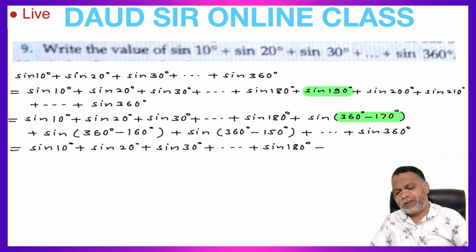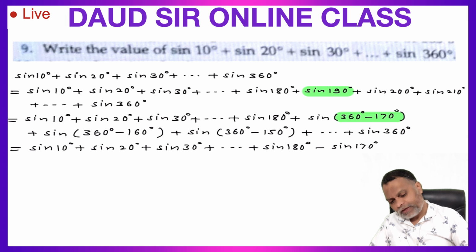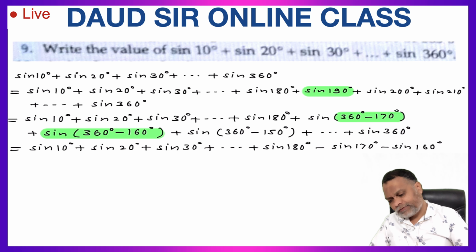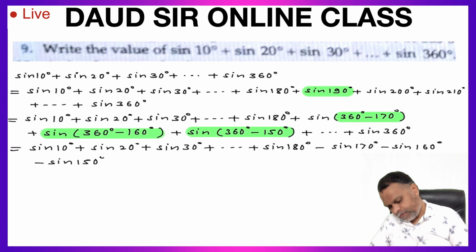In case of 360, no change, so minus sine 170 degree. Similarly, this sine 360 minus 160 can be written minus sine 160 degree, and this sine 360 minus 150 can be written minus sine 150 degree plus up to dot dot plus sine 360 degree.